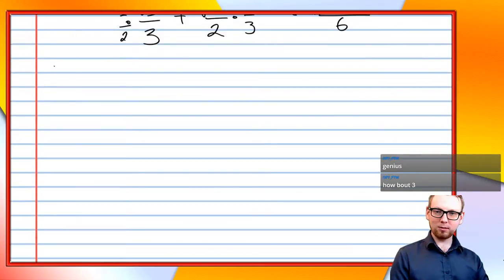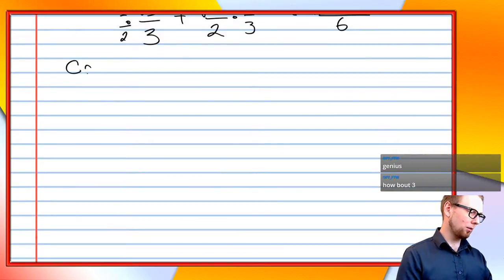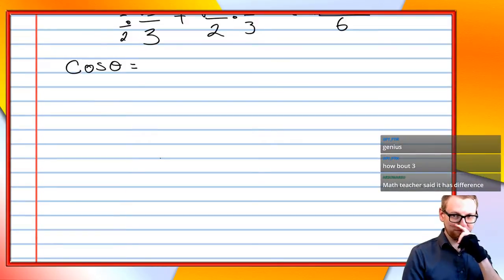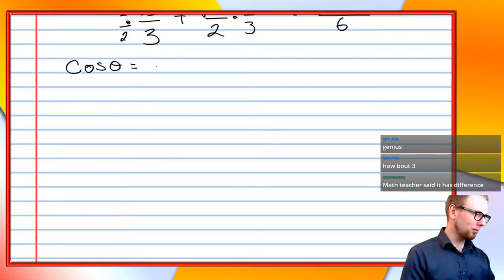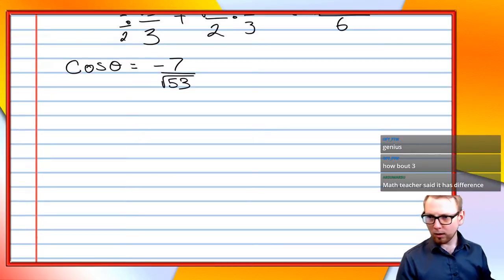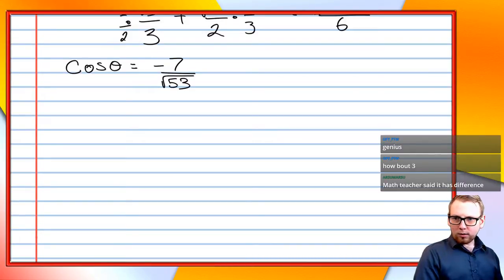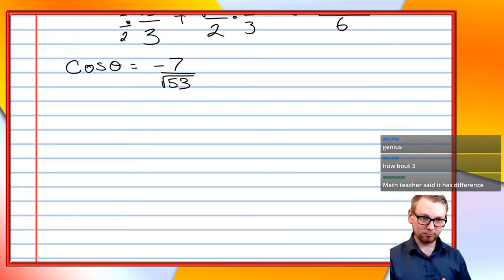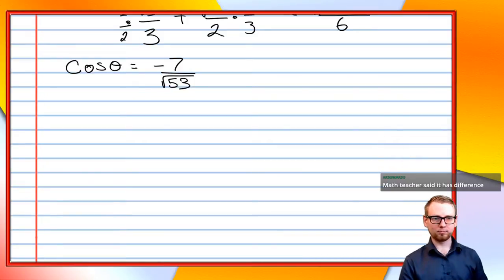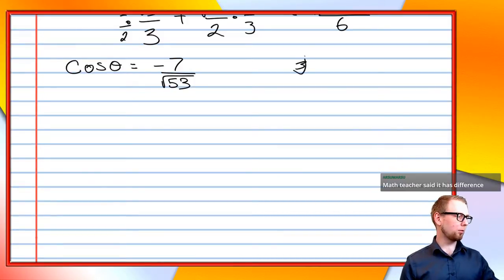This 3 thing. So cos, I'm just going to say theta, is -7 over the square root of 53. And they say 360 degrees, which is bad. It's notation. Cubed root of x is x to the 1/3.